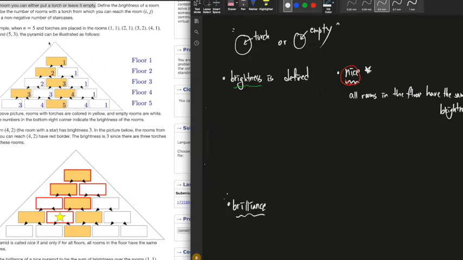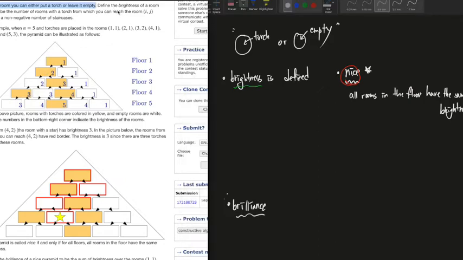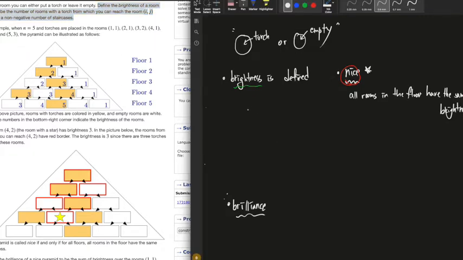The first one is brightness. Define the brightness of a room (i, j) to be the number of rooms with a torch from which you can reach the room (i, j) through a non-negative number of staircases. So brightness is defined like this.